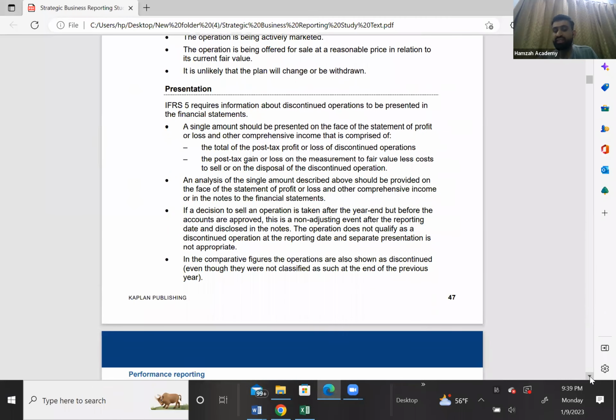As I told you, for discontinued operations, the profitability of the discontinued operation should be presented separately from the continued operation in the profit and loss account. And why should it be shown separately? So the user can see which profit will not be available in the future, the profit or loss relating to discontinued operations.